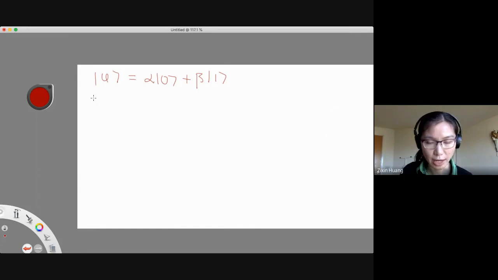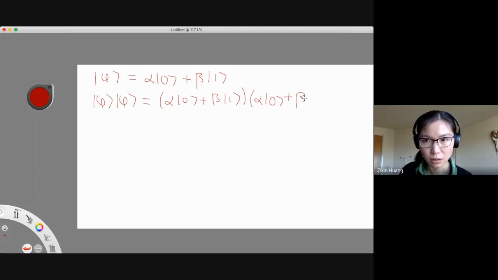So if I successfully copied the state, I have psi supposedly equal to alpha 0 plus beta 1 tensored with alpha 0 plus beta 1. I'll go into the tensor product later in the lectures, so probably next or one after.